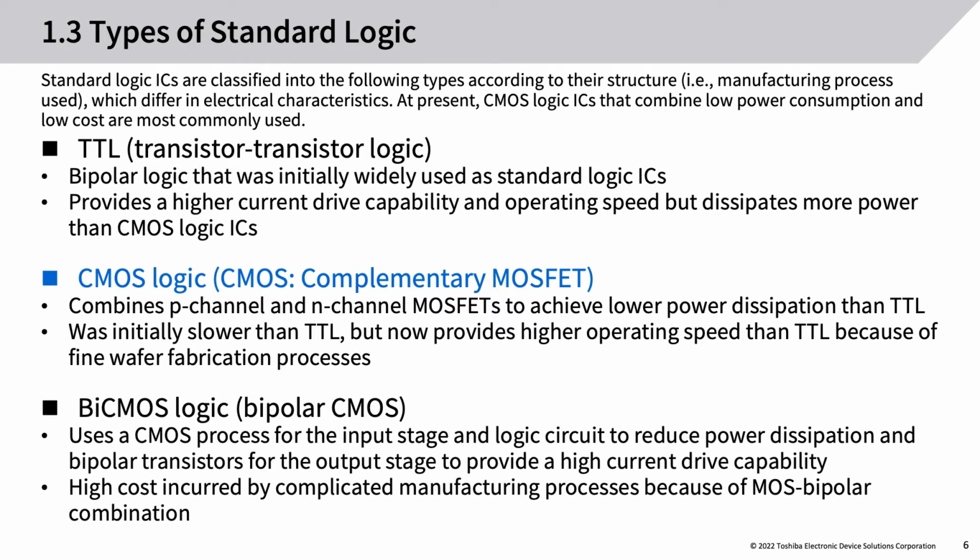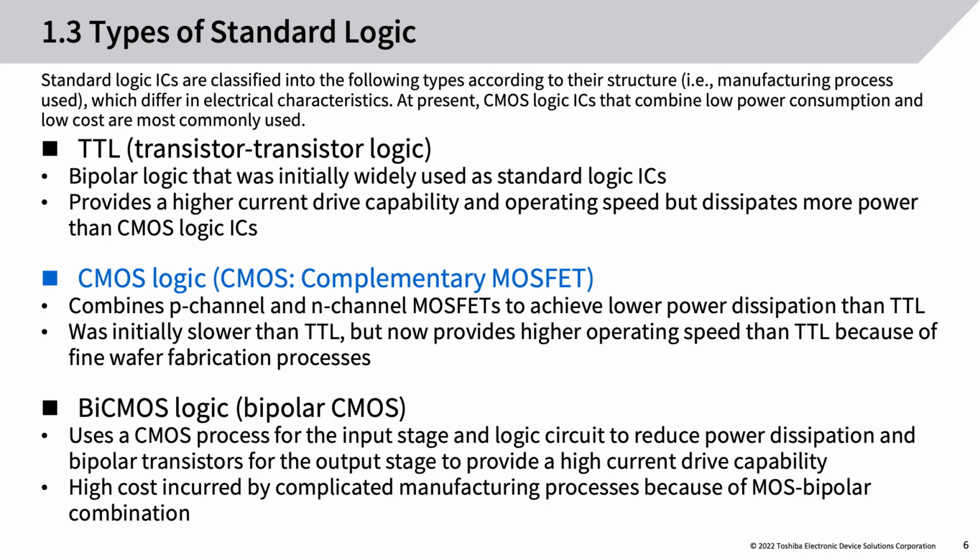Types of standard logic. Standard logic ICs are classified into the following types according to their structure, i.e., manufacturing process used, which differ in electrical characteristics. At present, CMOS logic ICs that combine low power consumption and low cost are most commonly used. TTL, transistor-transistor logic, is bipolar logic that was initially widely used as standard logic ICs.